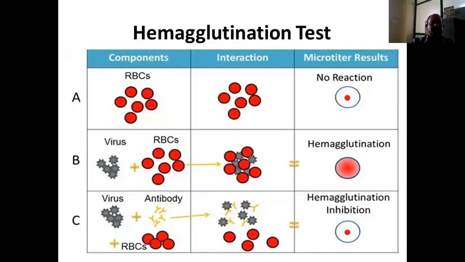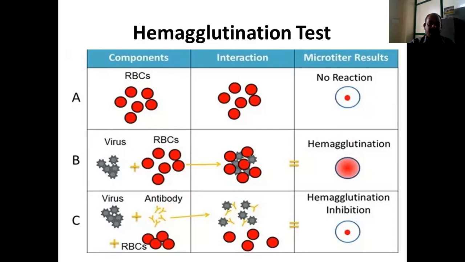Hemagglutination test. Here you can see the RBCs. If they interact with the virus, the virus will attach to the specific receptor with the help of the hemagglutinin spike on the RBCs, and can agglutinate the RBCs, resulting in red-colored agglutination of the RBCs.